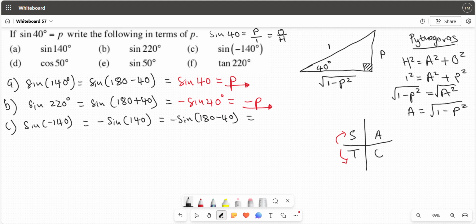But since I already have a negative out there, I'll end up with a negative sine 40, and this is just a negative P. I hope you guys are seeing that.